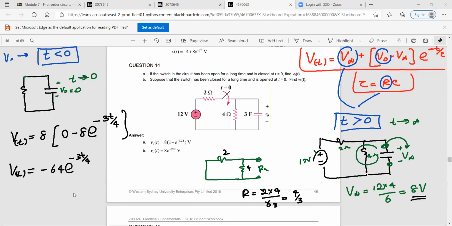Is there any question, guys? But Miss, isn't it supposed to be plus instead of minus 64? It should be 8 minus 8e elevated, I think. At the final answer, shouldn't it be 8 plus, and then brackets 8 minus 0?